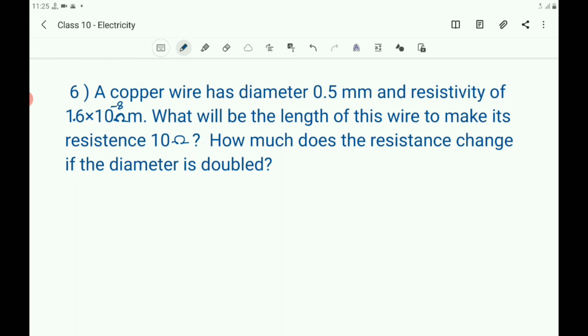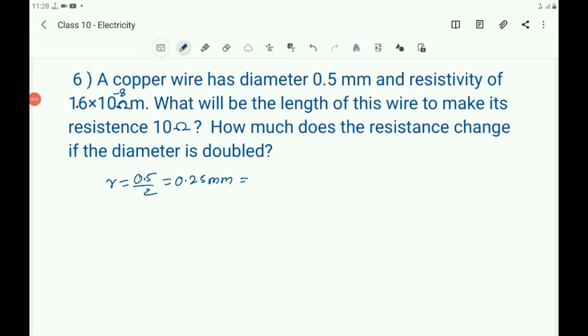How much does the resistance change if the diameter is doubled? Here what is given? Diameter is given. So the radius becomes r equals 0.5 by 2, that equals 0.25 mm.